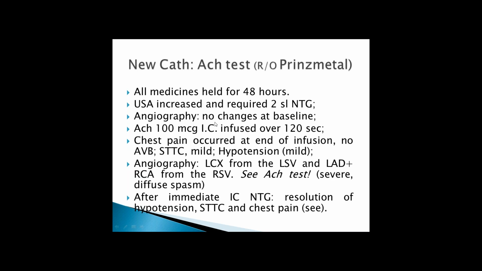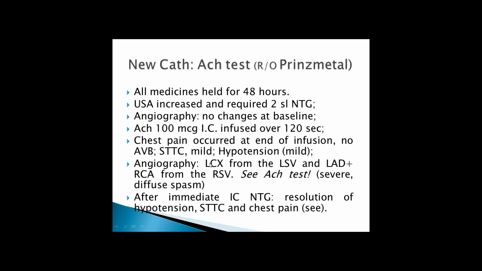At the initial angiography, we didn't find any changes of spasm, so we gave acetylcholine at a dosage of 100 micrograms intracoronary over 2 minutes. Chest pain occurred with severe characteristics, with no AV block, mild ST-T changes, and hypotension.